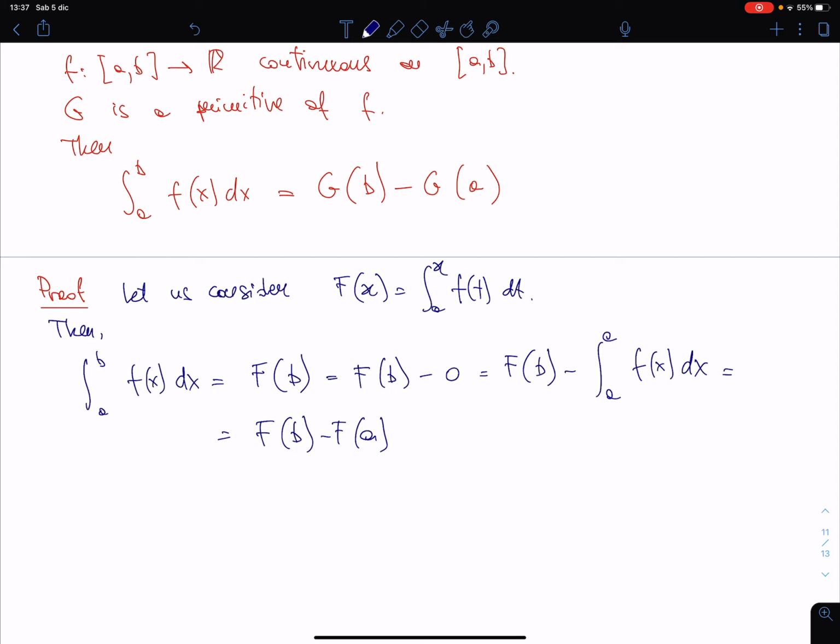So the formula here, the thesis, holds at least for one primitive, capital F. But since G is equal to F up to a constant, then it holds also for G. So now let G be a primitive of small f.